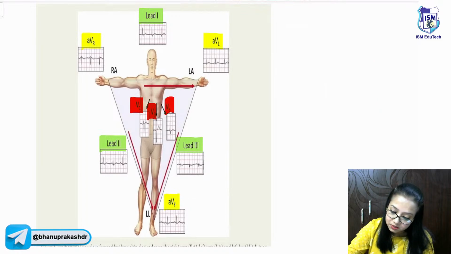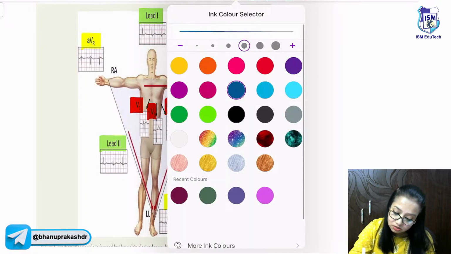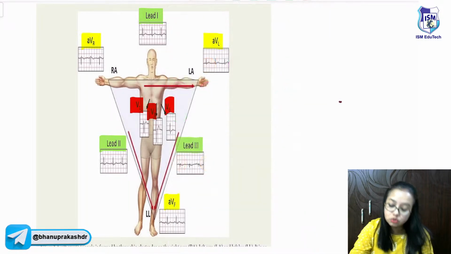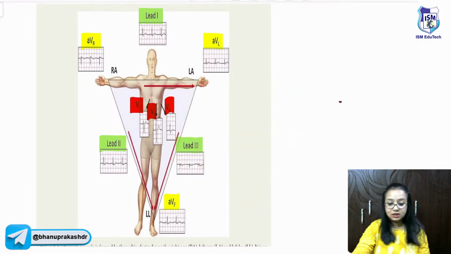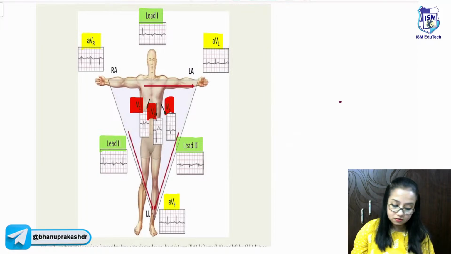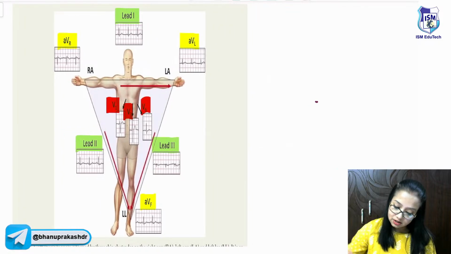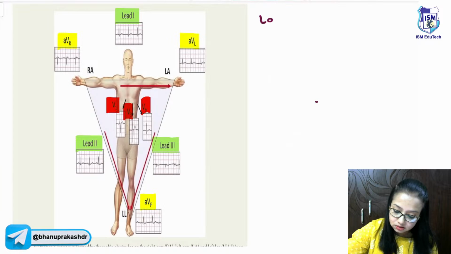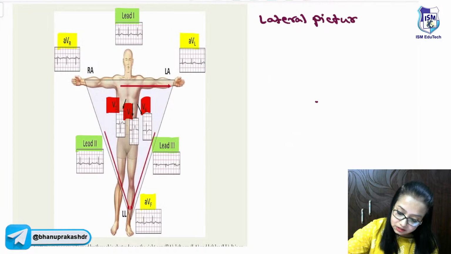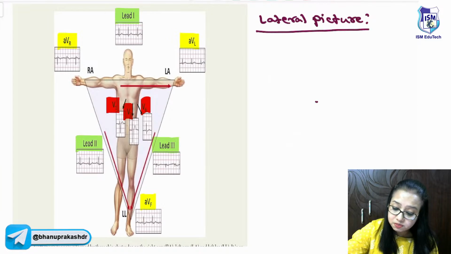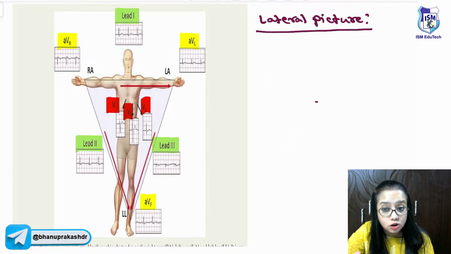Now, keeping all these leads together, if we have to understand which lead is taking the picture of the electrical activity of the heart from which area, it will stand out to be something like that. Taking the lateral picture of the heart is very important because it connects to a lot of cardiac problems, a lot of heart diseases.